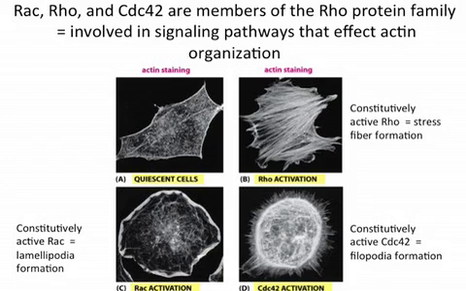That's these lines. And they're staining for actin only here. And if you constitutively activate RAC, you get lamellipodia formation. And if you constitutively activate CDC42, you get filopodia formation.